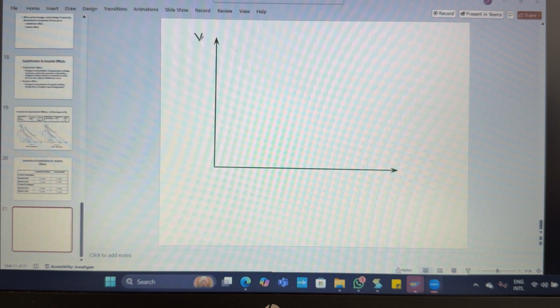This is commodity Y, this is commodity X, this is 0. And now suppose, I hope that you are also doing it with me, our initial budget line is this one.